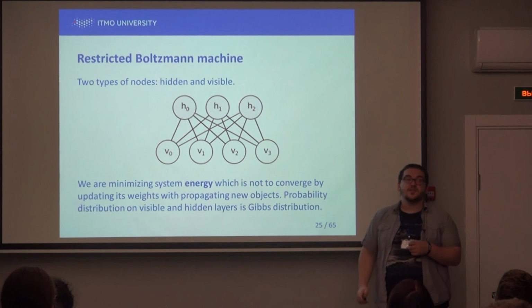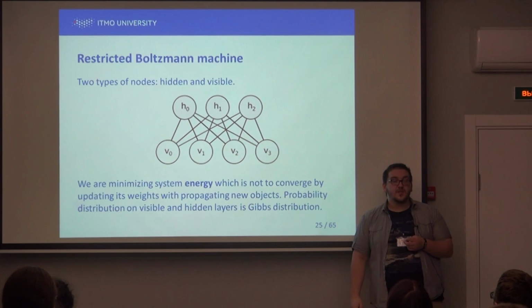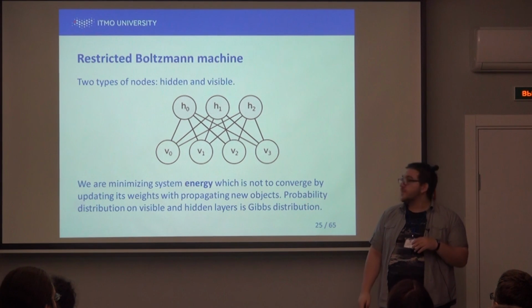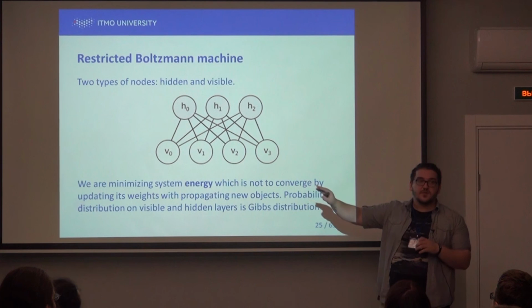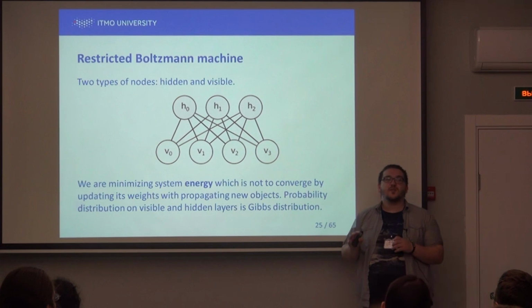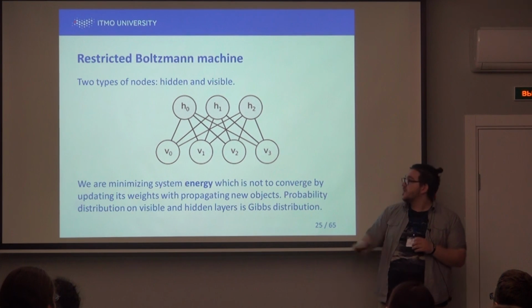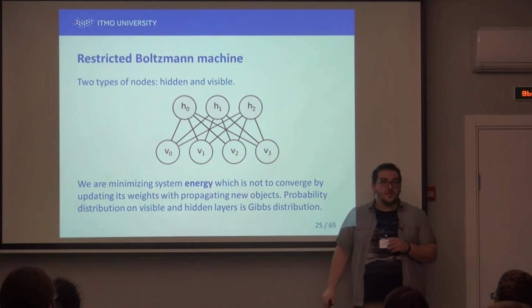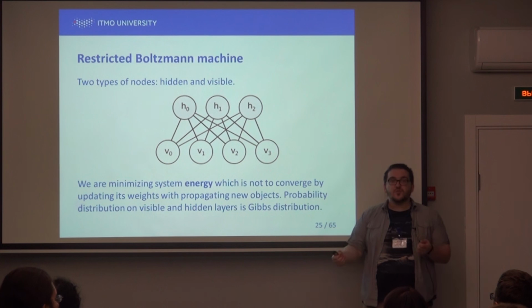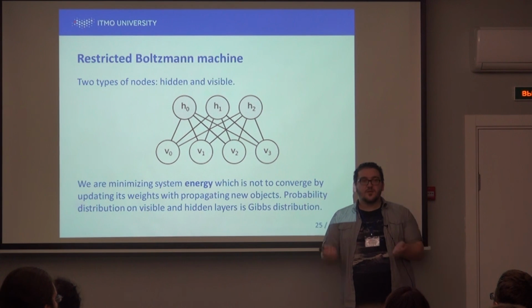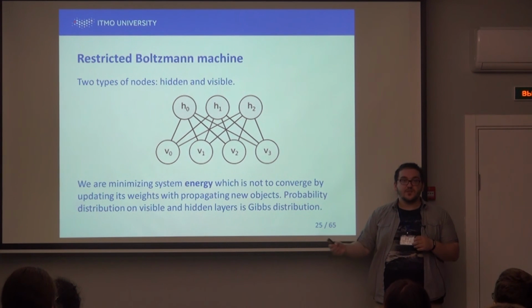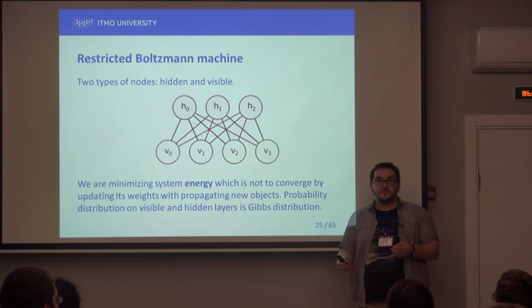So how does it look? First, it was suggested with the restricted Boltzmann machine. The restricted Boltzmann machine is an unsupervised algorithm. So we suppose that our data have the following structure. We have hidden variables and visible variables. The visible variables are the features which we can measure, and the hidden variables are some variables which are related to these features, but we don't see them.